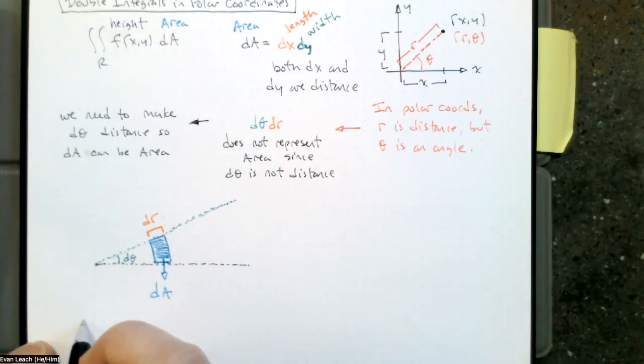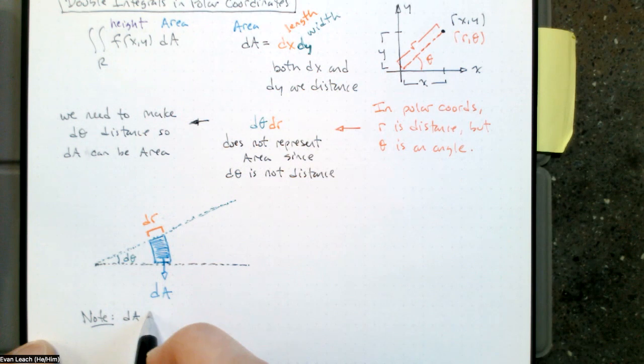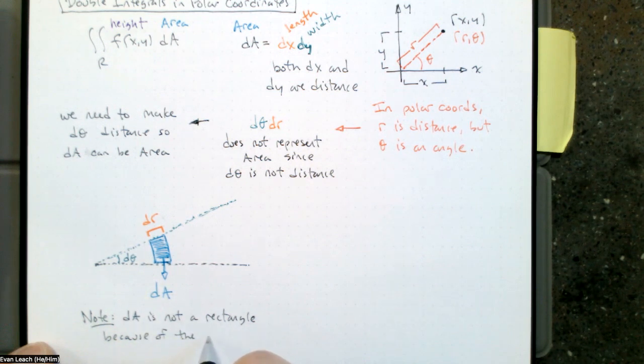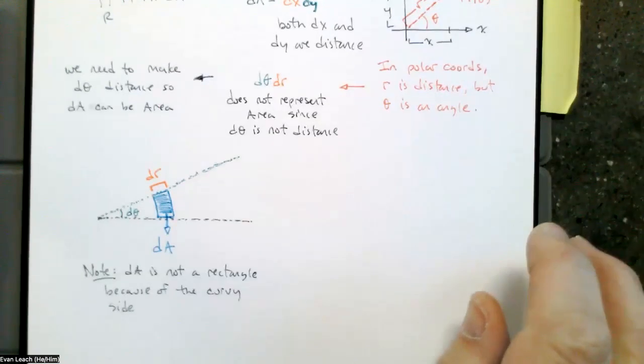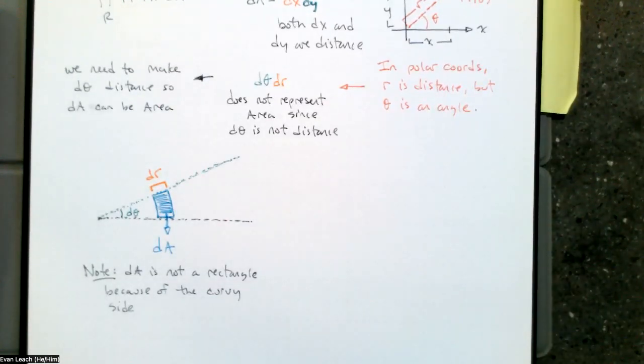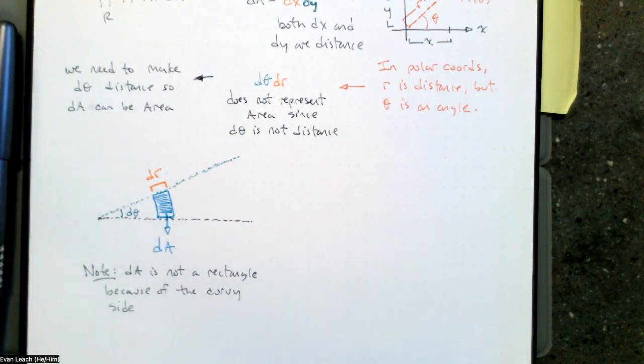So first thing to note, dA is not a rectangle because of the curvy side. But we're going to do our usual calculus thing. If d theta is really small, then it's not going to be that curvy.